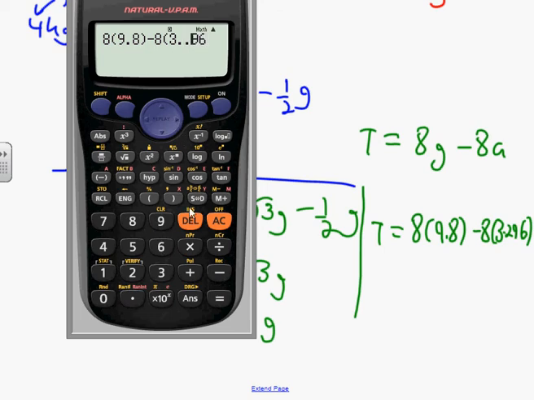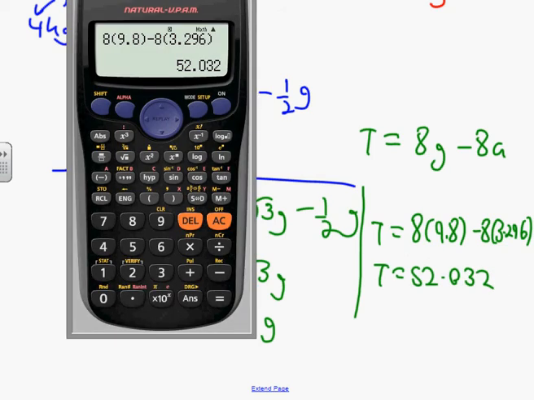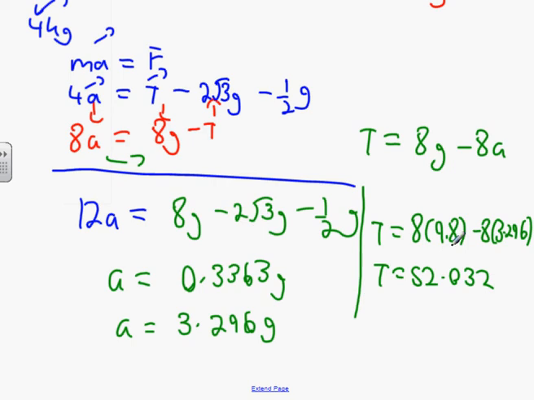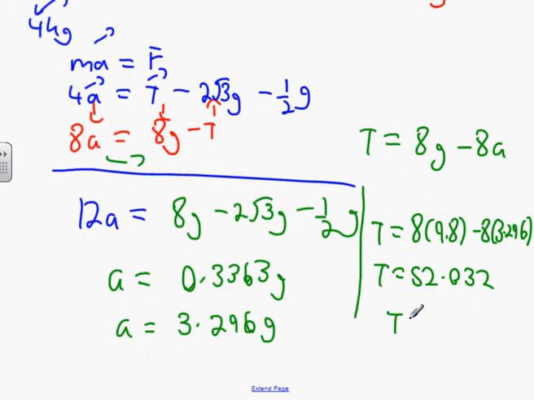And what do we get here? 52.032. T equals 52.032. There you go. So that's the tension to the nearest whole number. T equals 52 newtons. Any questions?